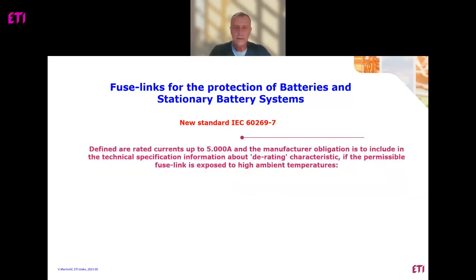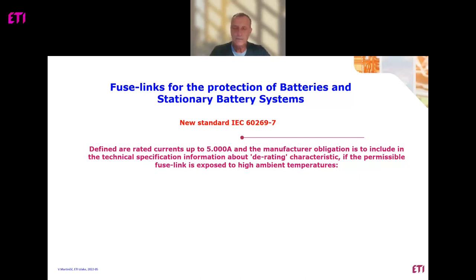In this part 7 are defined rated currents up to 5000 amps, and the manufacturer obligation is to include the technical specification information about derating characteristic if the permissible fuse link is exposed to high ambient temperatures.